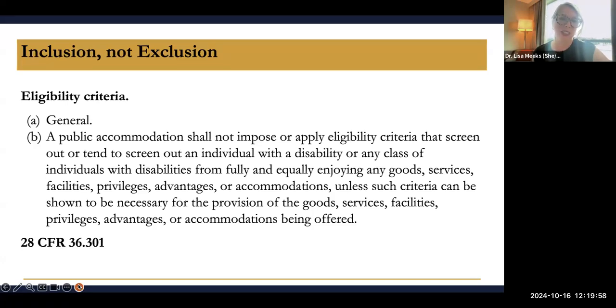This is deep again in the Code of Federal Regulations, and it says a public accommodation shall not impose or apply eligibility criteria that screens out or tends to screen out an individual with a disability or any class of individuals with disabilities from fully and equally enjoying any goods, facilities, privileges, advantages, accommodations, unless it's known to be or shown to be necessary for the provision of goods, services, privileges, advantages, or accommodations being offered.